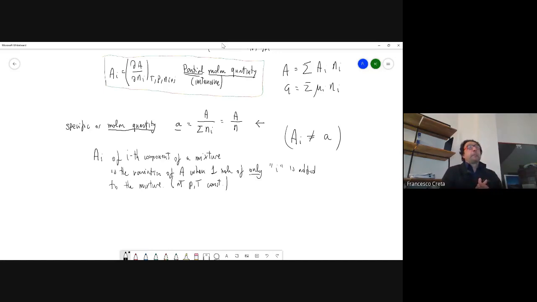But there's definitely going to be a change in Gibbs energy, because really this is a spontaneous process. So in the creation of a mixture, there is a decrease of Gibbs energy, which indicates the fact that mixing is essentially a spontaneous process. And next time I'm going to give you the details of this. So now we have the definitions, essentially.